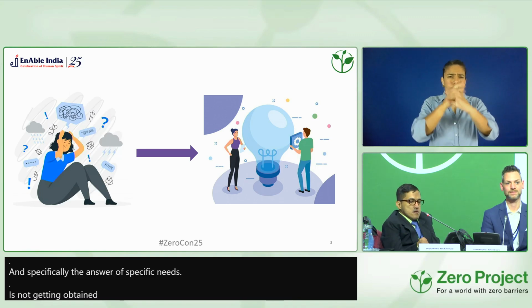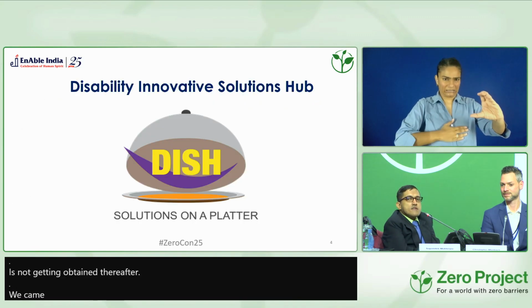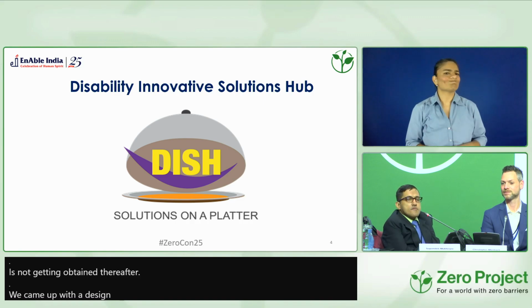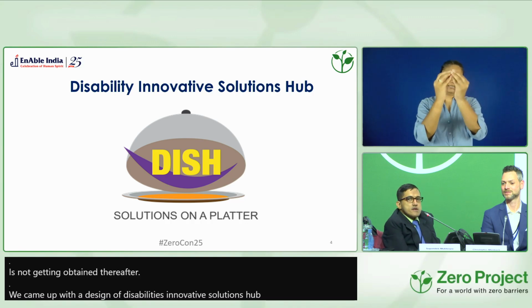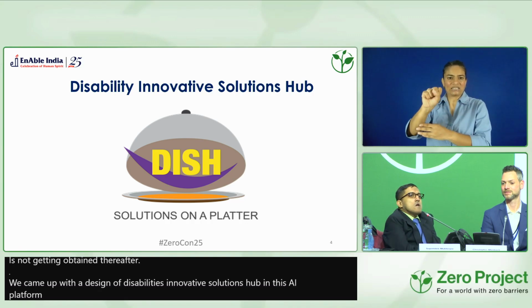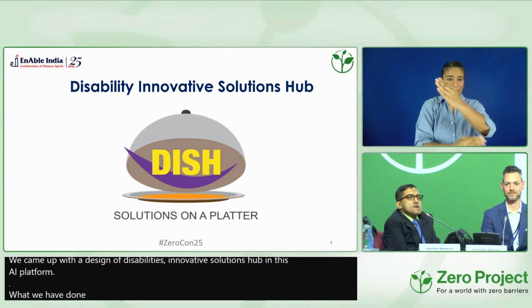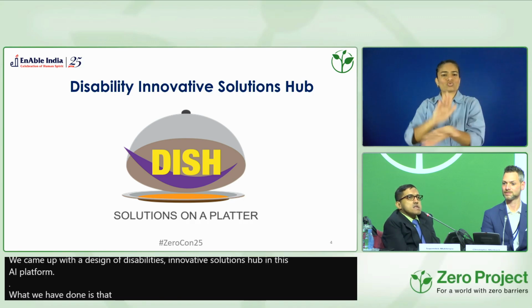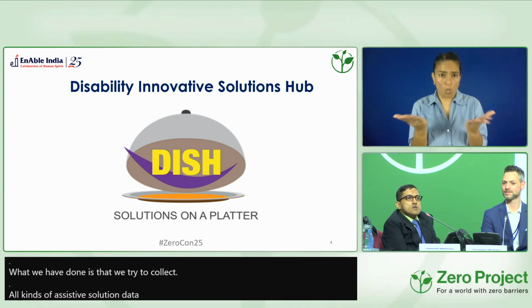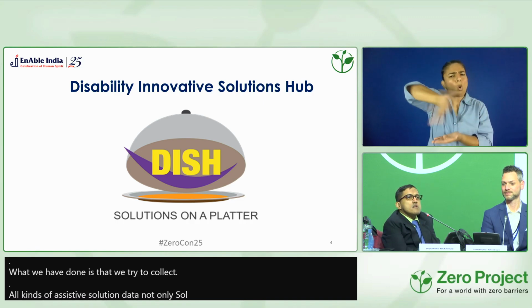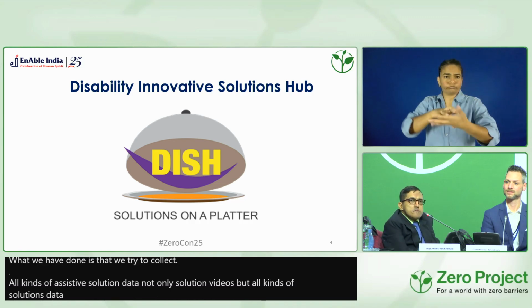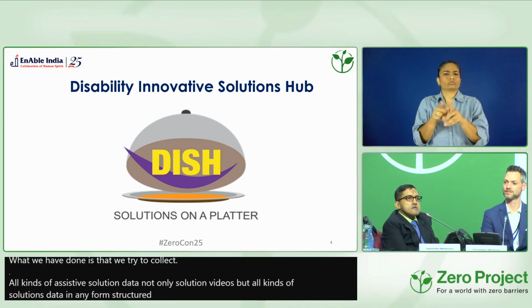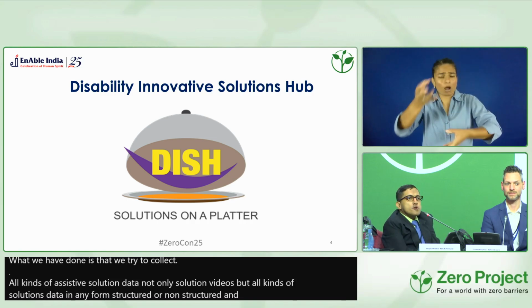Thereafter, we came up with a design of Disabilities Innovative Solutions Hub. In this AI platform, we try to collect all kinds of assistive solution data, not only solution videos, but assistive solutions data in any form, structured or non-structured, and we put it in.